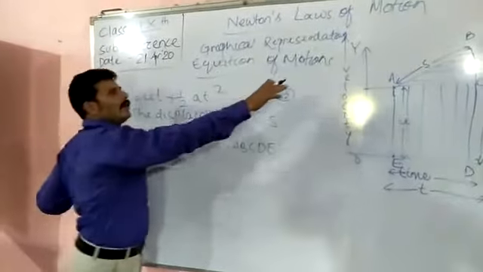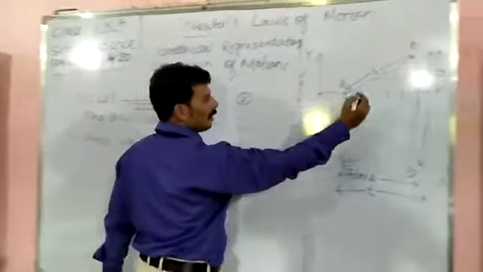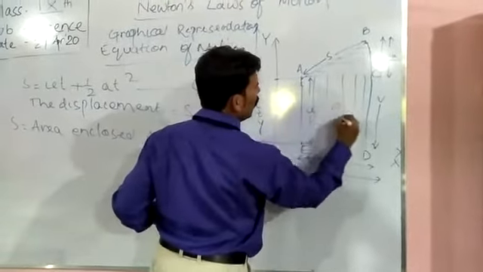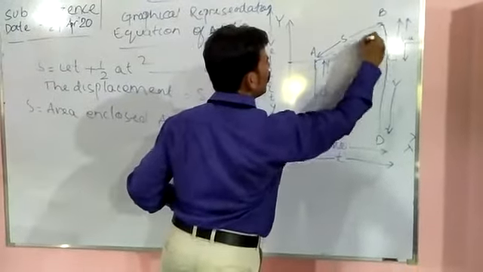This area is divided into two parts: one is a rectangle, and the second one is a right angle triangle.